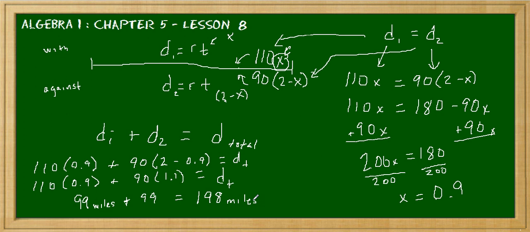So that's really what we've learned here. We're not going to be doing a lot of these distance, rate, and time problems throughout math, but it's important to understand what it takes to do these types of problems, and you may end up using them further down, particularly in your sciences, and most certainly if you take physics.